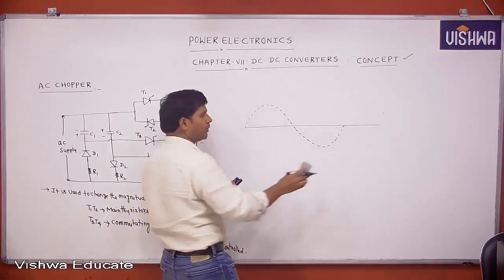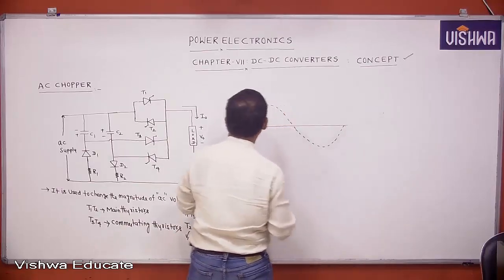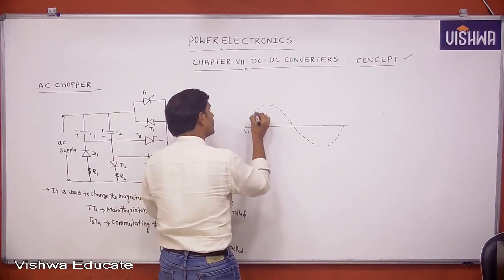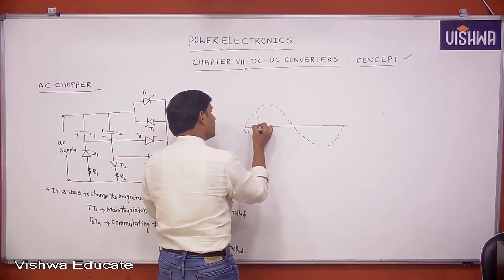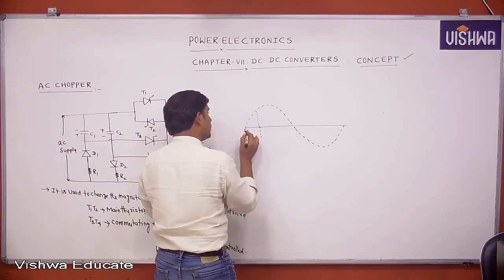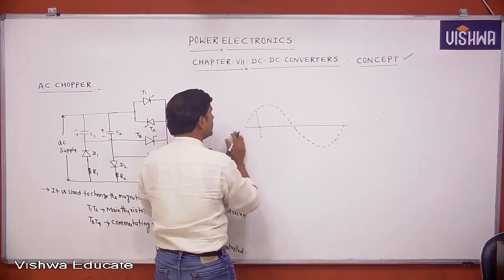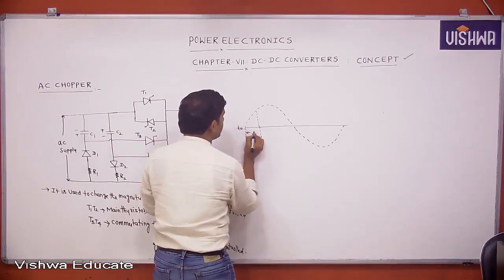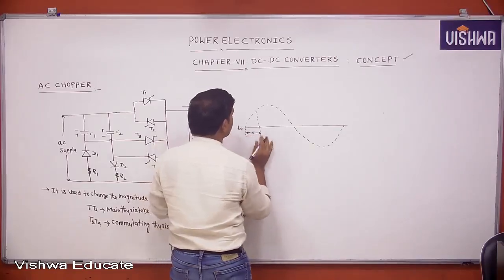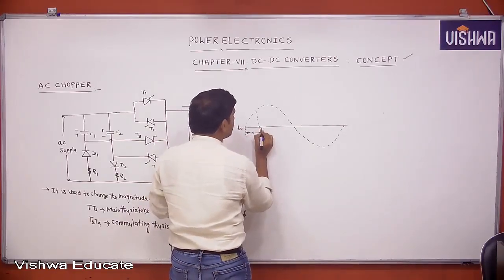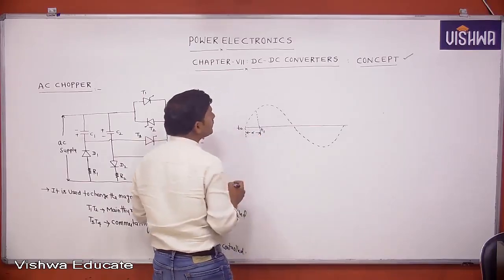One cycle of operation. Let this be the T0 instant. Let this angle be alpha. Let this be the T1 instant.